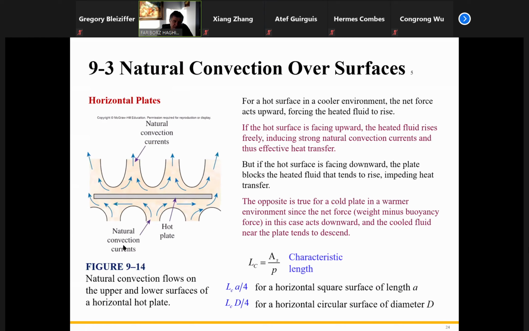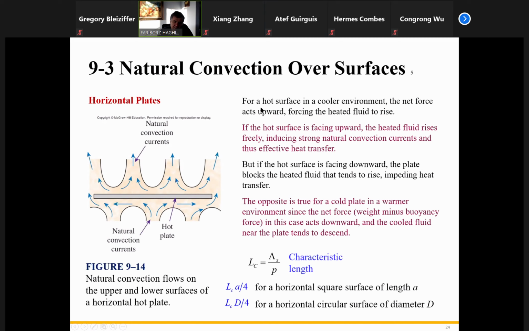If you have a horizontal hot plate, and the temperature is hotter than the air, natural convection takes place, because the air gets lighter and moves up. That is exactly what is happening.